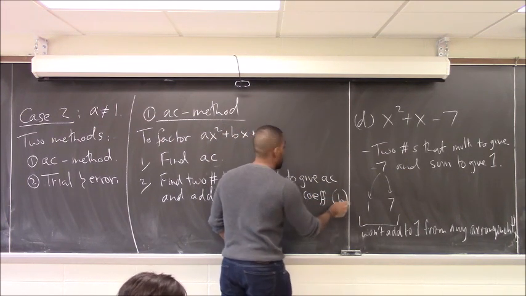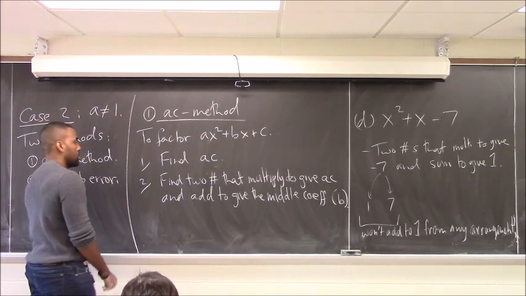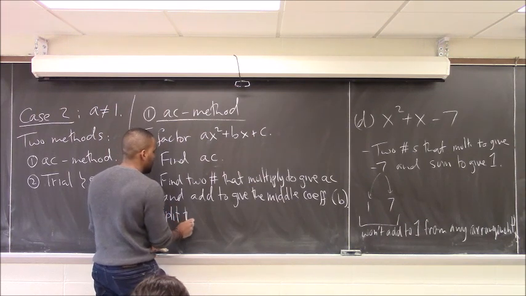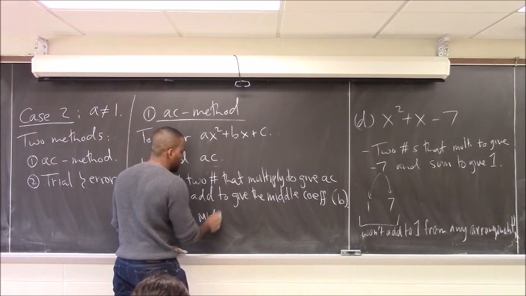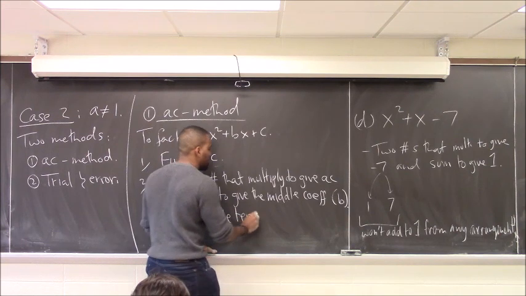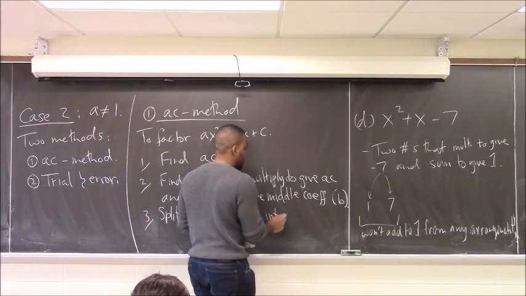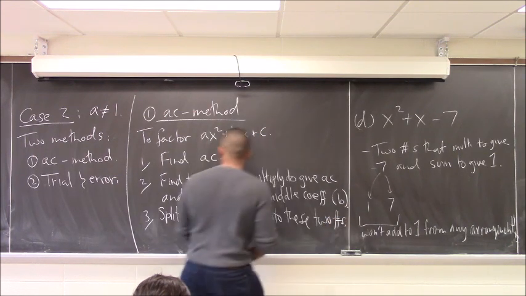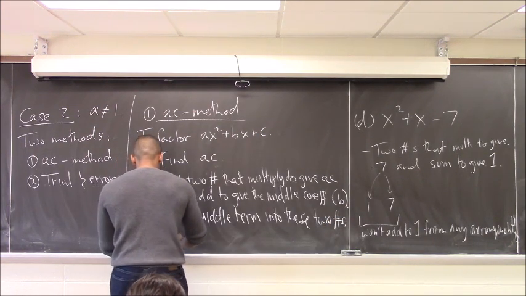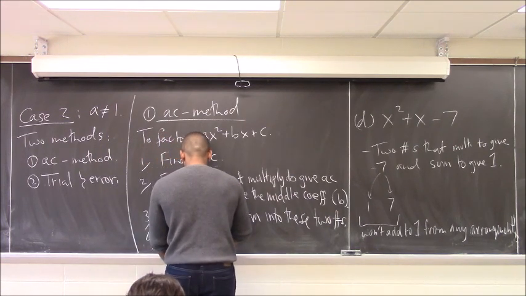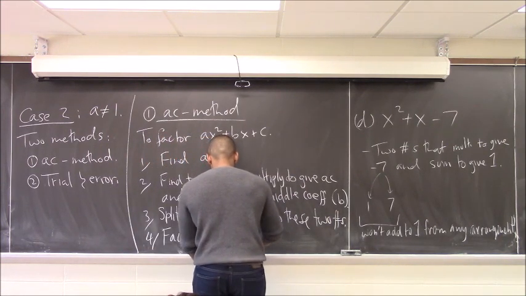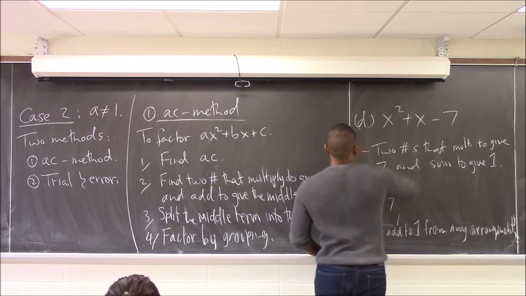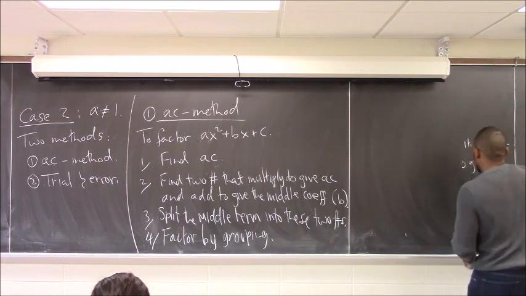This is B. Three, split the middle term into these two numbers. And then four, factor by grouping, which we covered just before this. This is called the AC method.